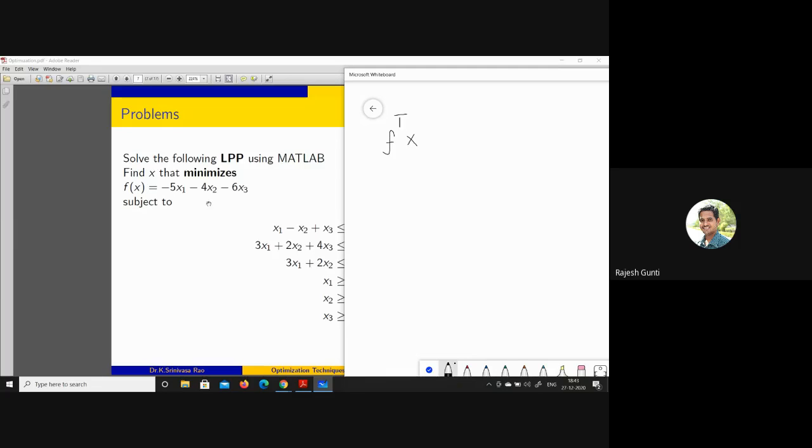X contains three variables x1, x2, x3. F transpose means minus 5, minus 4, minus 6, and then x, the variables x1, x2, x3.